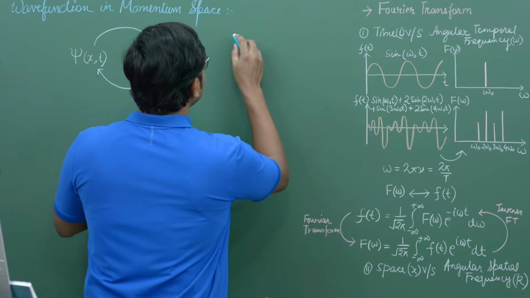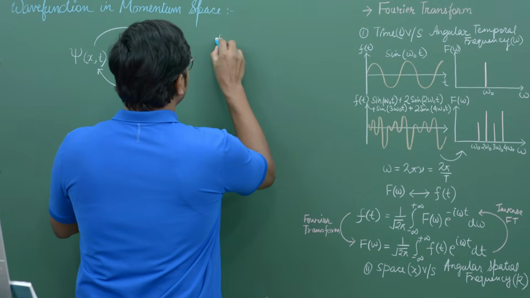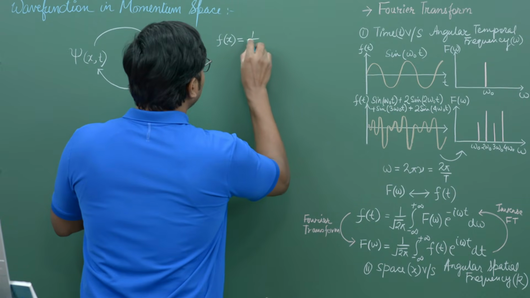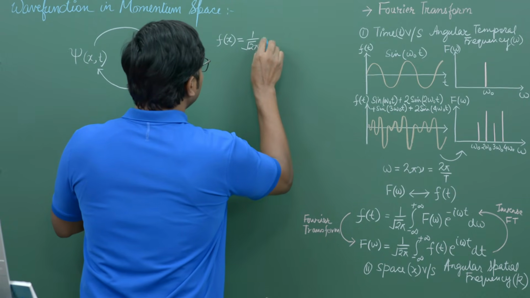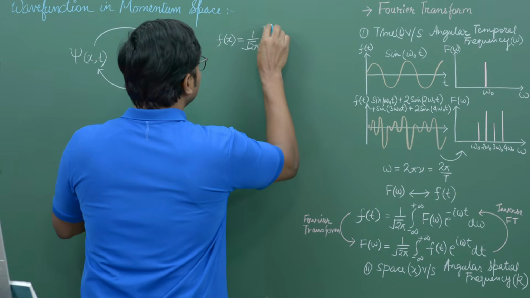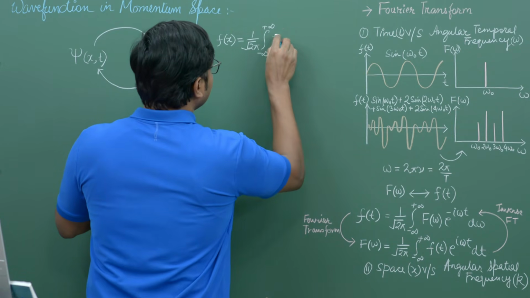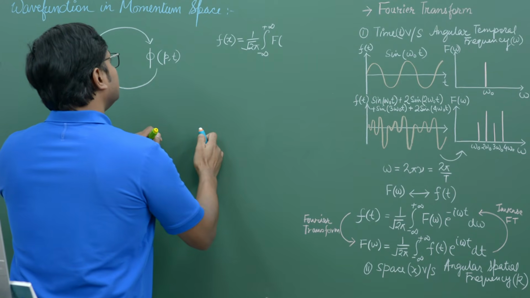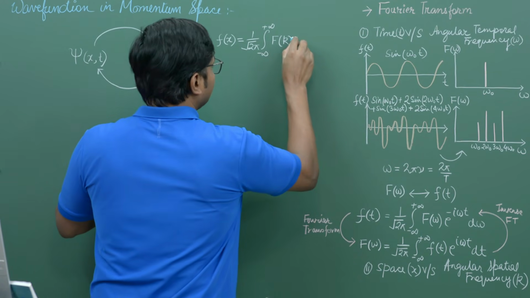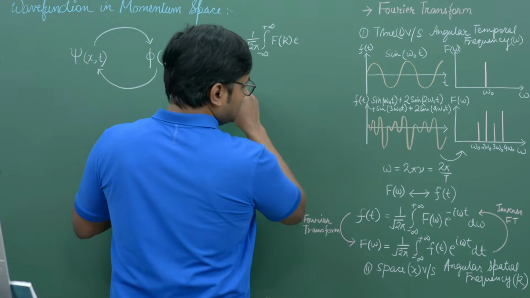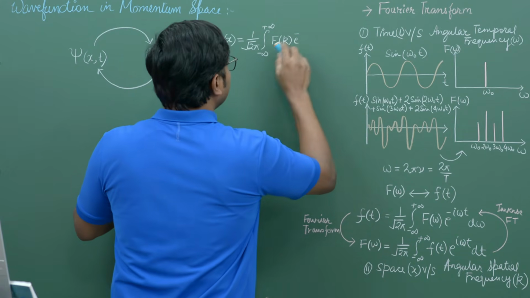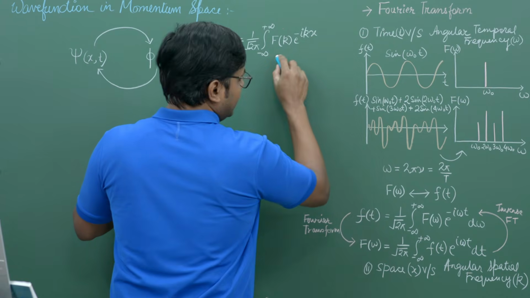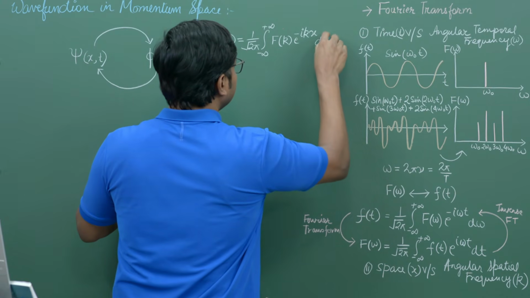So, I can have some kind of a function, let's suppose I say f of x will be equal to 1 upon root 2 pi from minus infinity to plus infinity, and then you have some kind of a function f, let us call this as k, e to the power minus iota k x, and then you have d k.